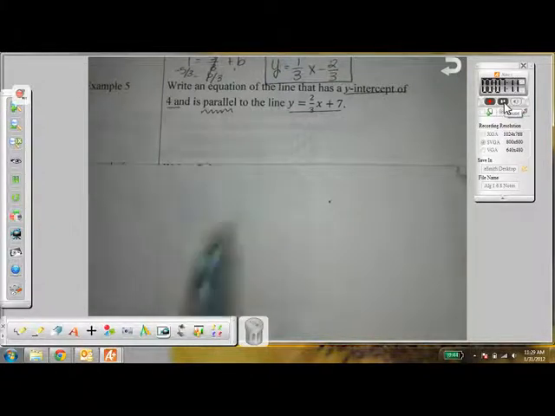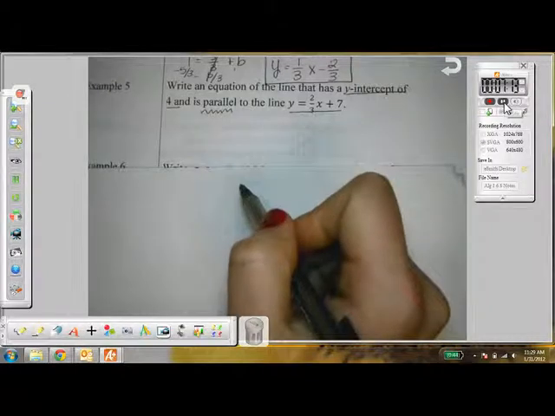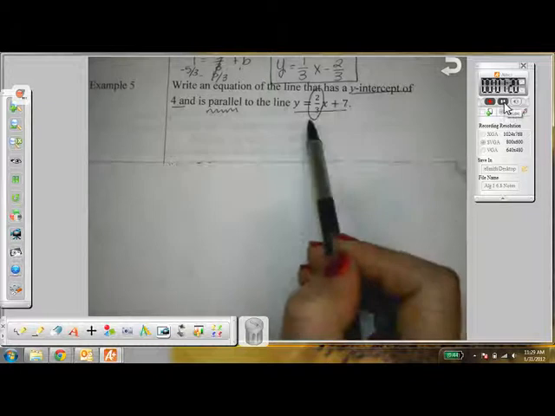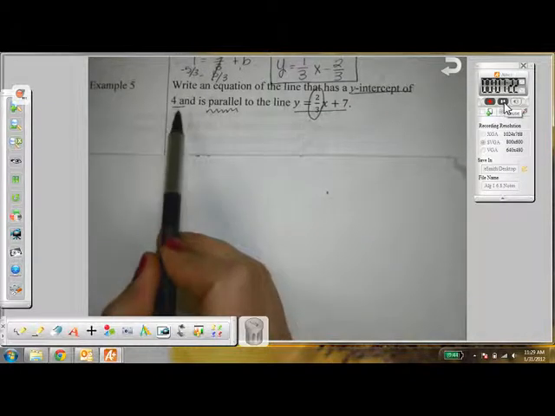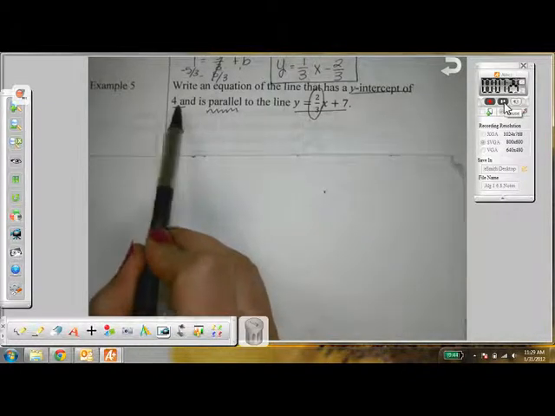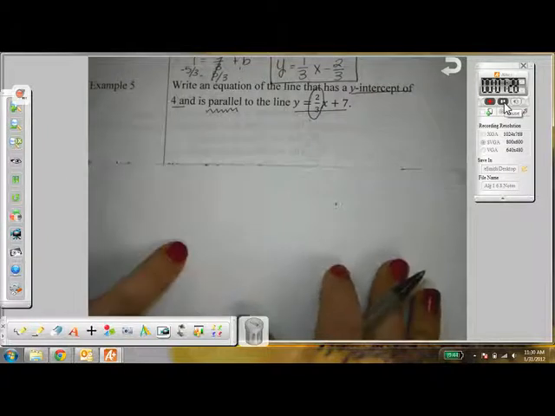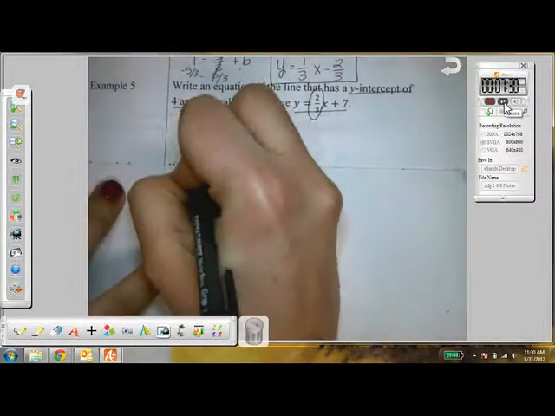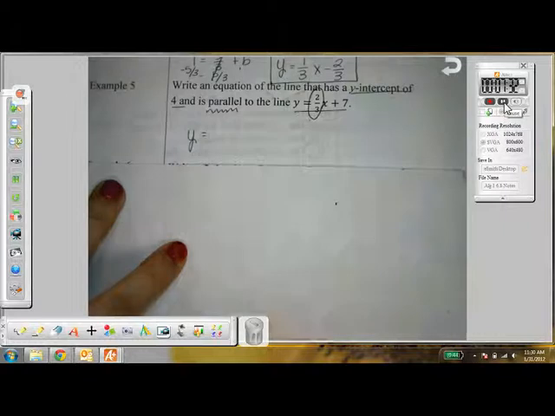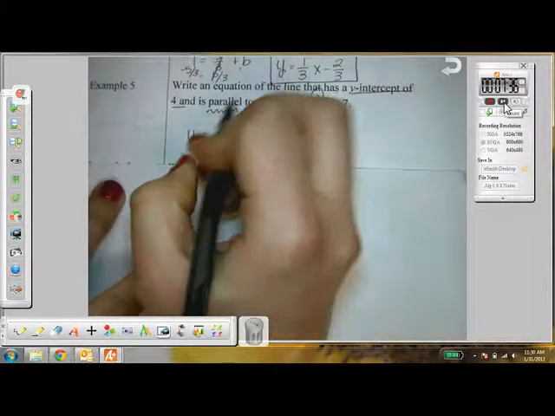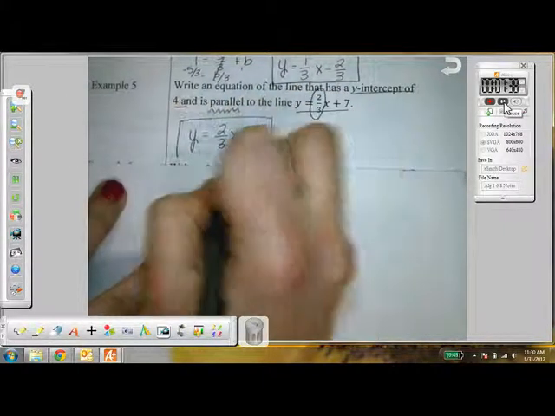So what's the slope of the parallel line going to be? 2/3. So I know the slope has to be 2/3. I know the y-intercept has to be 4. Do I have enough information to plug it all in? Yeah. So what's the equation of the line going to be? Y equals 2/3 x plus 4.